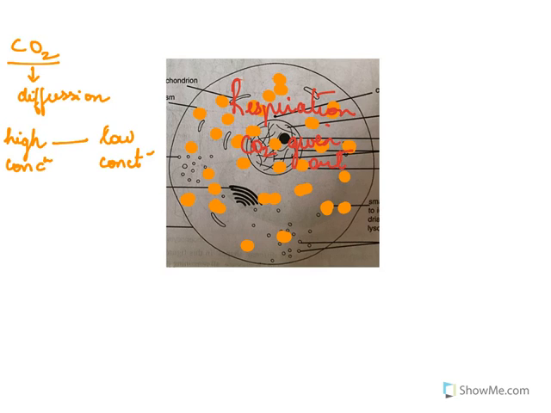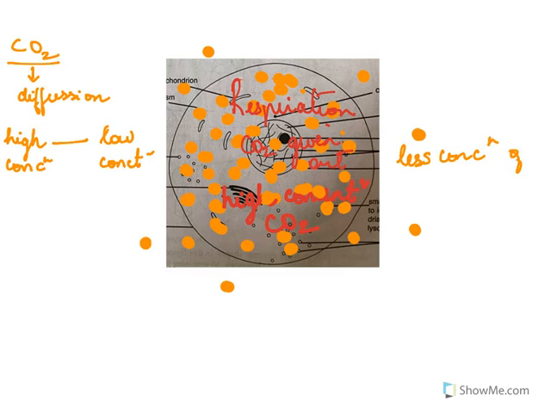So here we have a high concentration of carbon dioxide inside the cell. However, outside the cell there is less carbon dioxide, because carbon dioxide is not produced outside the cell.